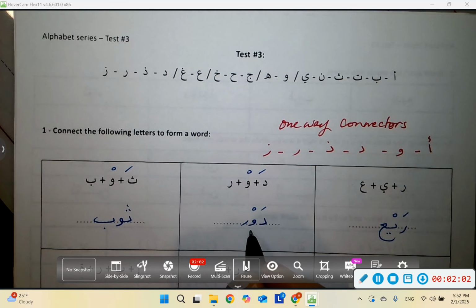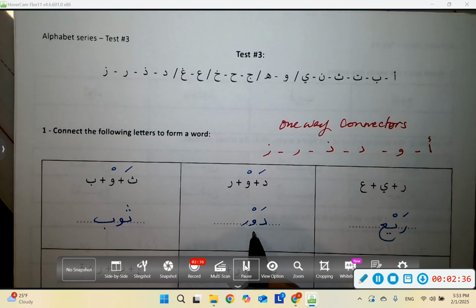Also, if you see, the waw here is not a long vowel. Why? Because for any long vowel to act as a long vowel and to give the long sound to the letter before it, the letter that comes before it has to have a haraka from the same nature. The haraka of the same nature as the waw is the dhamma. We don't have dhamma here, we have fatha.